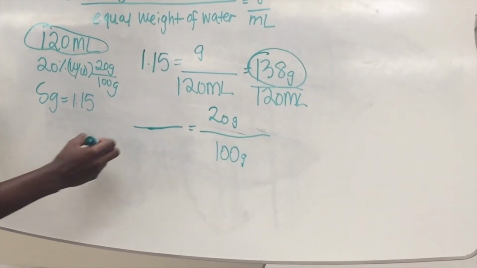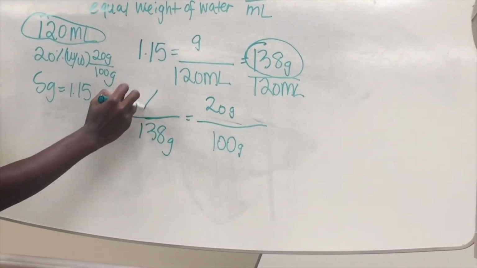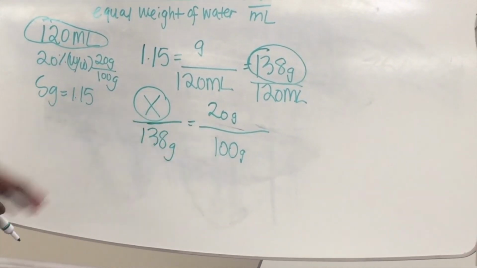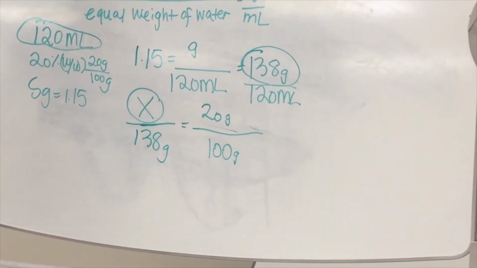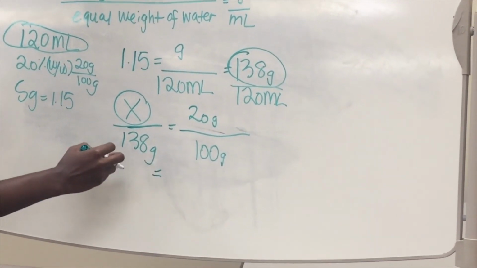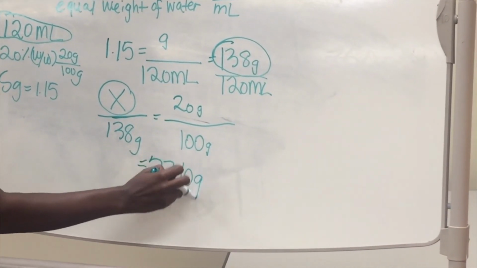We know that we have 138 grams of the solution, and we're looking for how much of the active ingredient we'll need to make this concentration 20% over 100. By doing cross multiplication, we end up getting an answer of 27.6 grams.